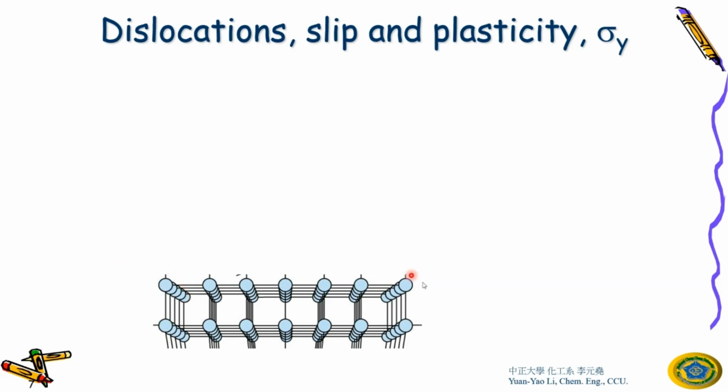So you have three-dimensional atoms packing like this in order. And if you apply force from this side to this side, that's what we call shear stress, right? Shear stress. And that means if you want to move this from right to the left, and move this line from left to the right.